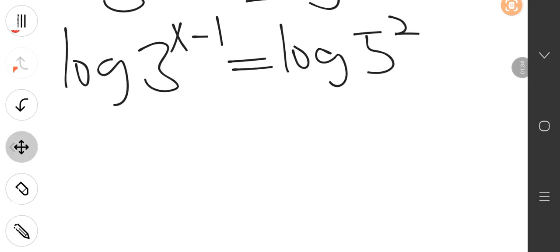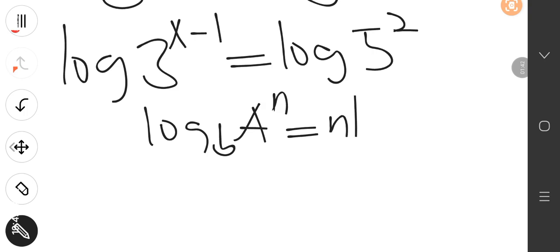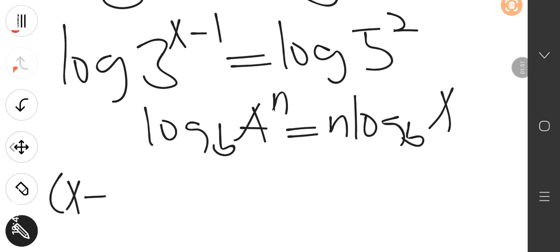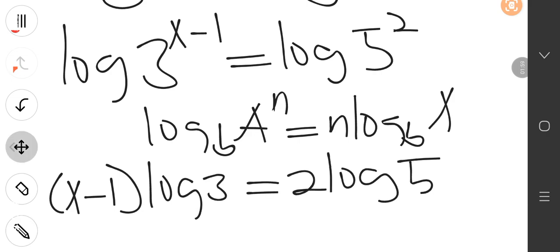Now let's apply the logarithm definition. So we say log a^n base b equals n log a base b. Okay, so we're going to have (x minus 1) times log 3 = 2 log 5.